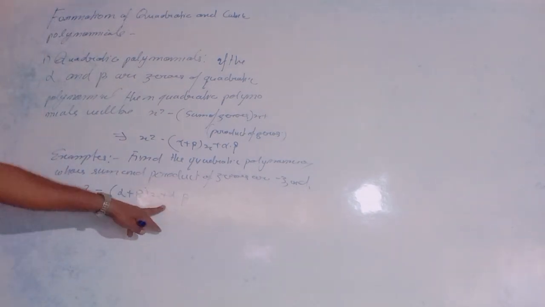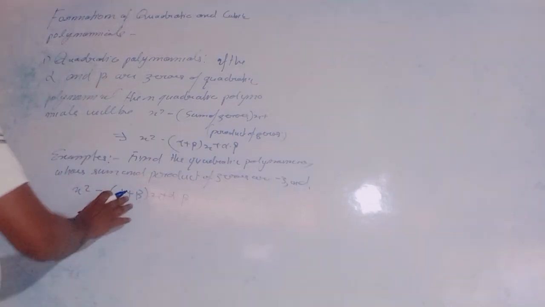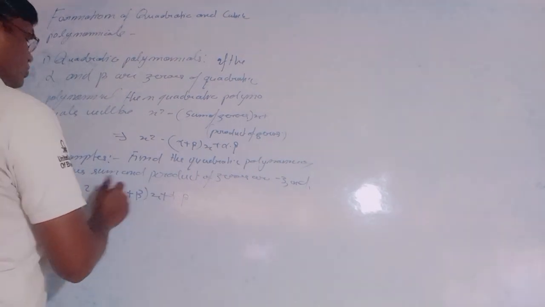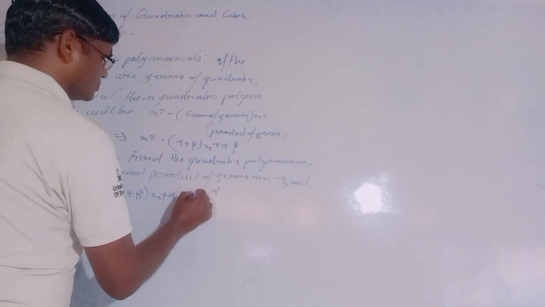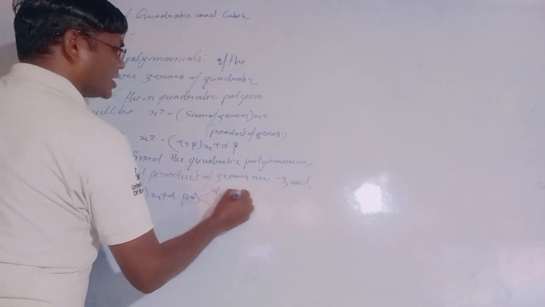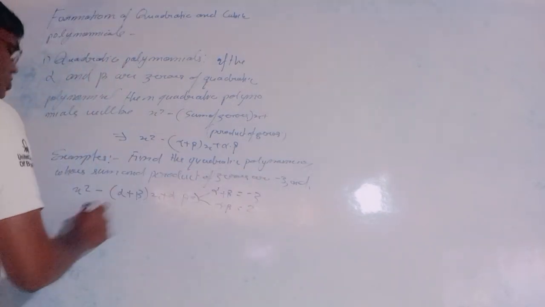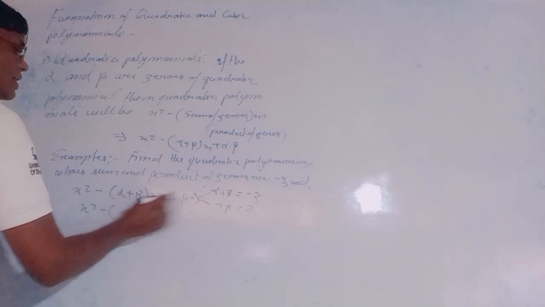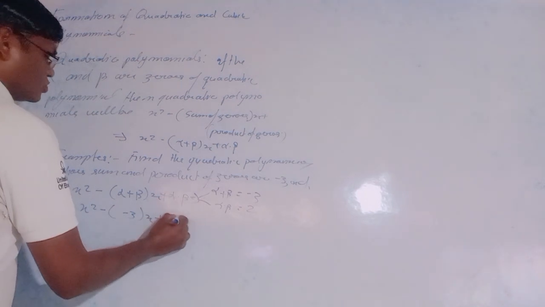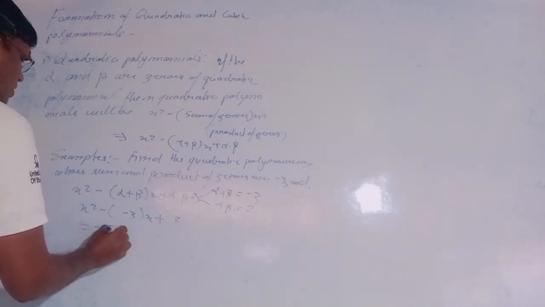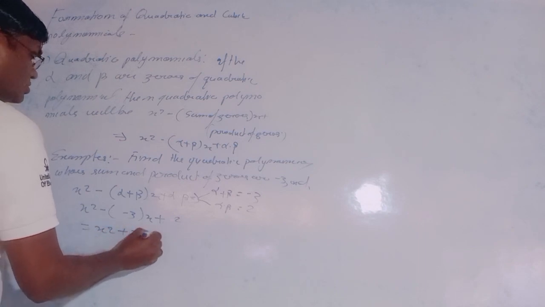Here alpha plus beta is given as minus 3 and alpha into beta is given as 2. Substituting, we get x square minus (minus 3) x plus 2, that is, x square plus 3x plus 2.